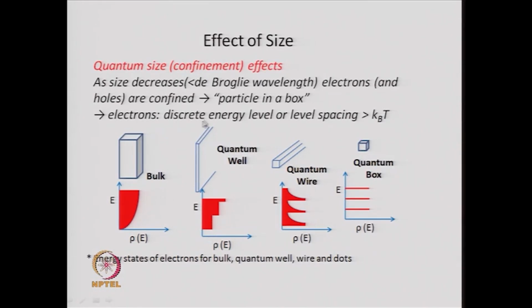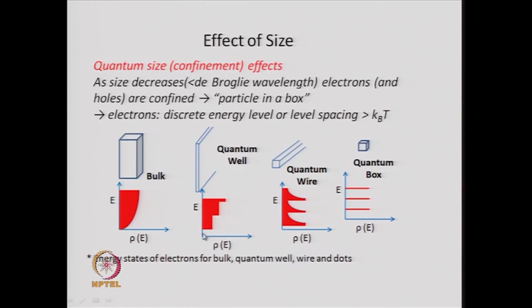So, in a quantum well, because you have one dimension very small, you can say this is a nano material, because one of the dimensions is nano sized, the other 2 dimensions are not nano sized in a quantum well. So, when this happens, the density of states is in a stepwise manner, it does not vary continuously like in a bulk solid. You have a density of states of this value up till this energy.